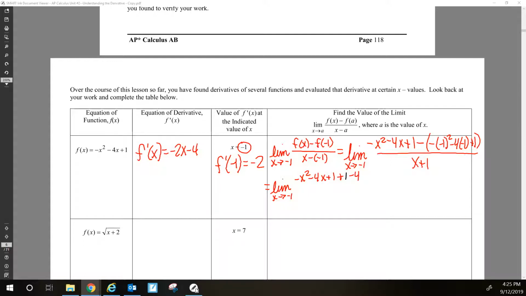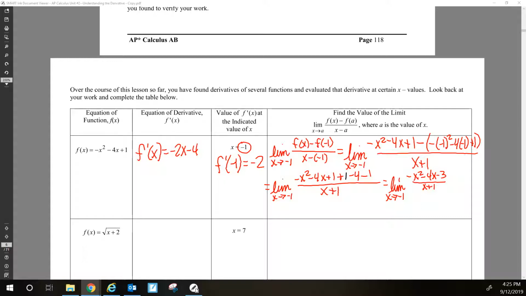And then a negative times 1 is negative 1, all over x plus 1. All right, what does that boil down to? That's the limit as x goes to negative 1 of minus x squared minus 4x. And then I got 1 plus 1 is 2. Minus 4 is negative 2, minus 1 is minus 3, all over x plus 1.